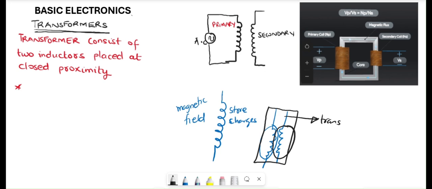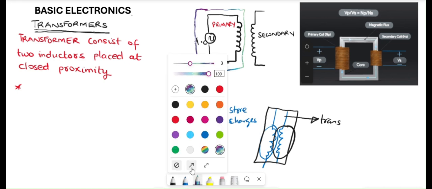So when we talk about a transformer, we are looking at two inductors placed at close proximity. So if you look at the image here, this is an inductor connected to an AC source.